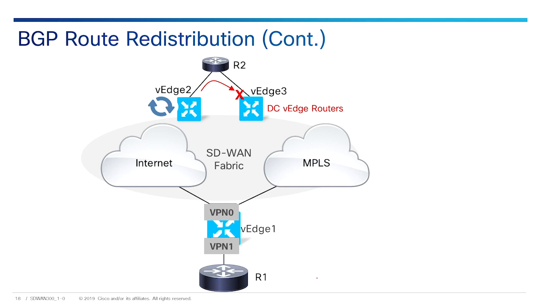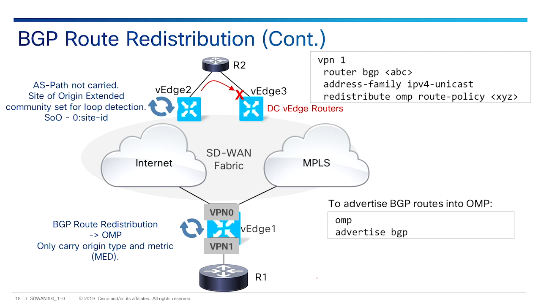Just so you know, in some environments, the BGP AS path may not provide the granularity required in preventing the loop in a control plane. So that site of origin is designed to fill that gap and to prevent a routing loop that might occur. So remember, before we didn't carry that site of origin, so we're going to use this site ID number as our system for loop prevention as well.